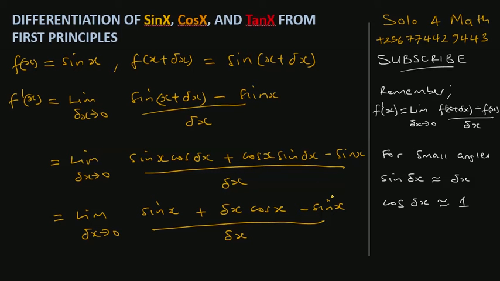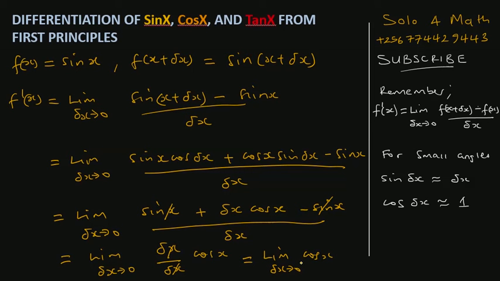So this and this go, so you see we remain with a limit as dx tends to 0 of dx over the small change in x, cos x. So these also can go, so we remain with the limit as the small change tends to 0 of cos x.